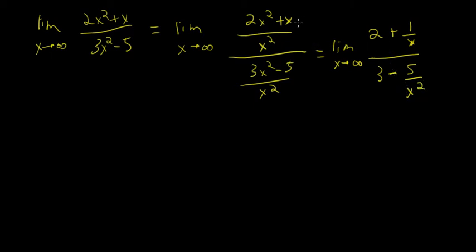And we didn't have to worry about division by 0 because we're concerned with the limit as x tends to infinity, and these are really large numbers. So when we divide by x squared in the numerator and denominator, we're not dividing by 0, we're dividing by a really big positive number.